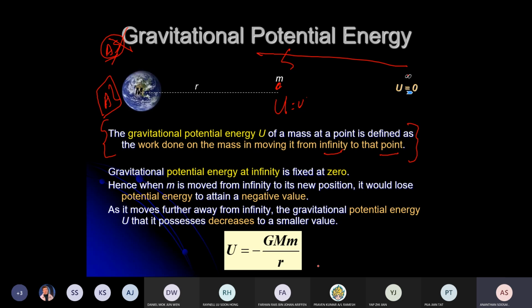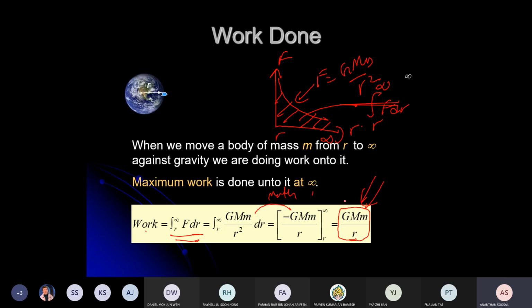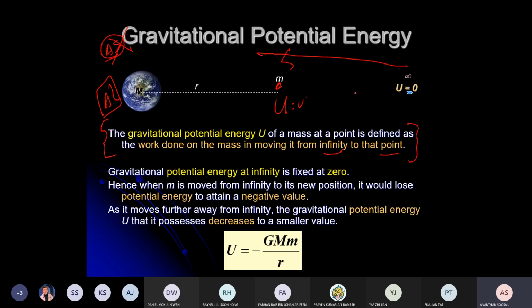When you fall down, you did negative work because you are not wasting your energy. The Earth pulls you down. Same thing here. When you move from the Earth's surface to infinity, you do positive work, GMm over r, positive. But when you move from infinity to a certain position r, you do negative work. So that is the definition of potential energy.